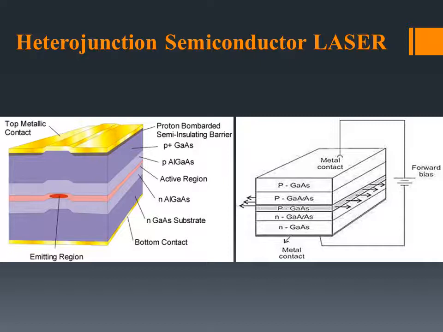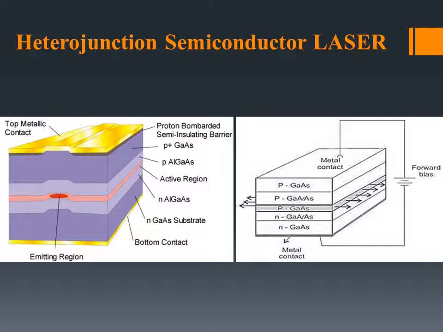A contact layer made of gallium arsenide p-type, which is the first layer, is formed at the top of the second layer for necessary biasing. All these 4 layers are grown over the substrate, which is the fifth layer made of n-type gallium arsenide.